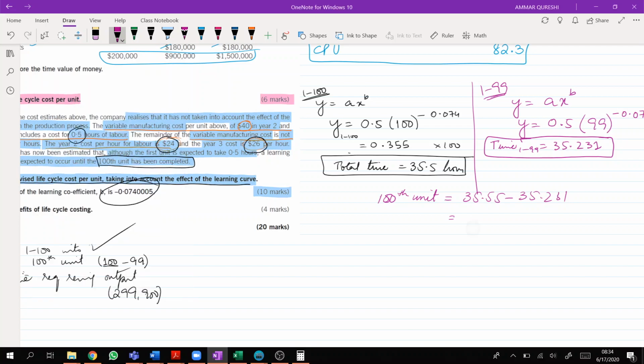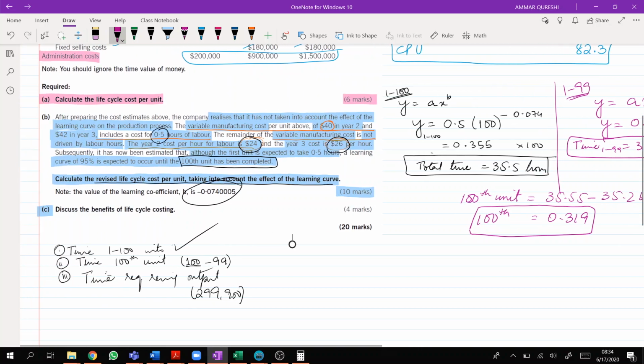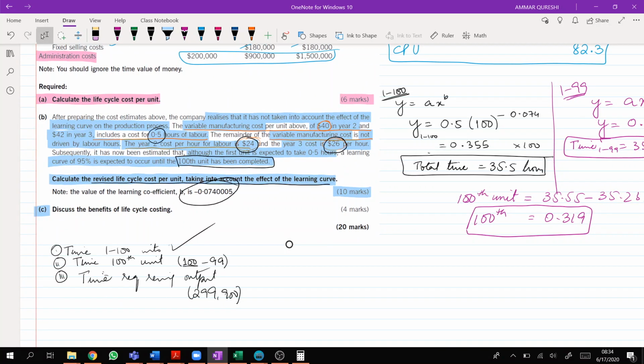It's 0.319. This is time required for 100th unit. Right? Now, the remaining output will require exactly 0.319 hours per unit, right?